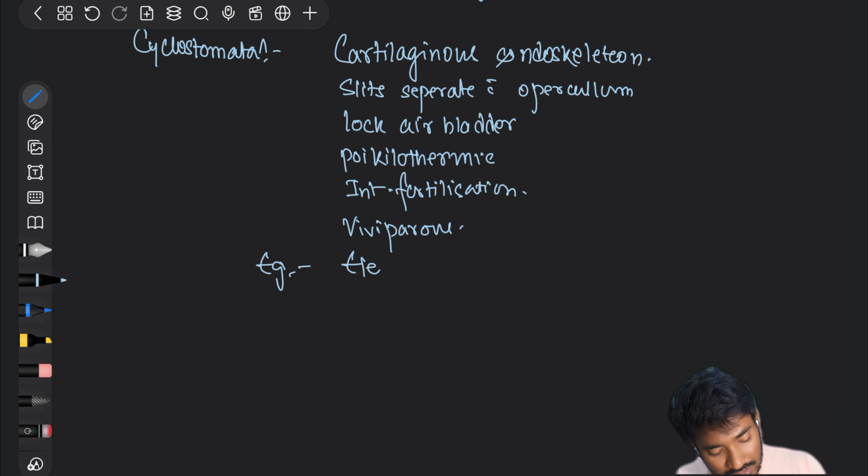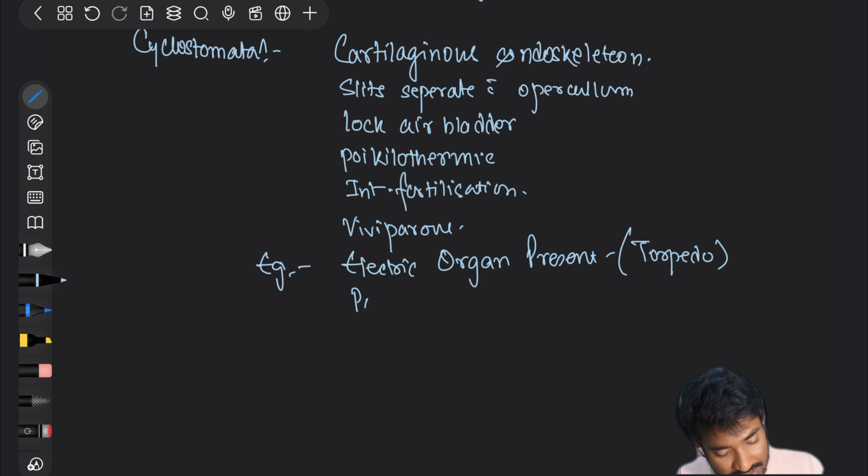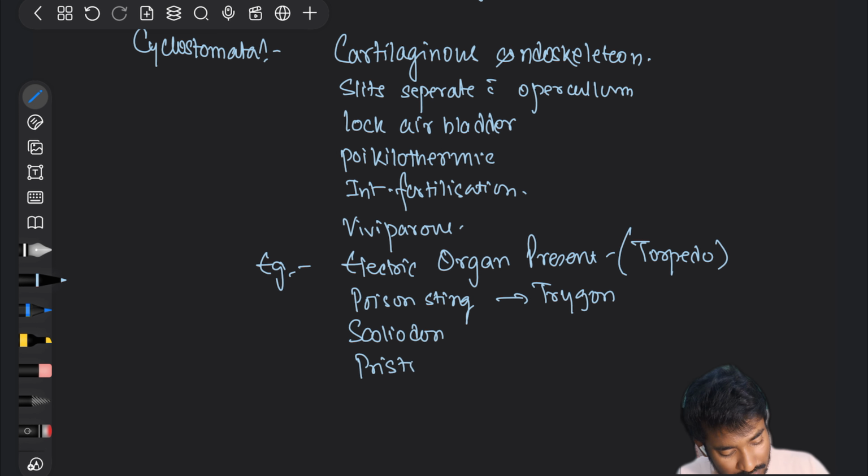Electric organ is present in the case of Torpedo. Poison sting: Trygon. Scoliodon, Pristis.